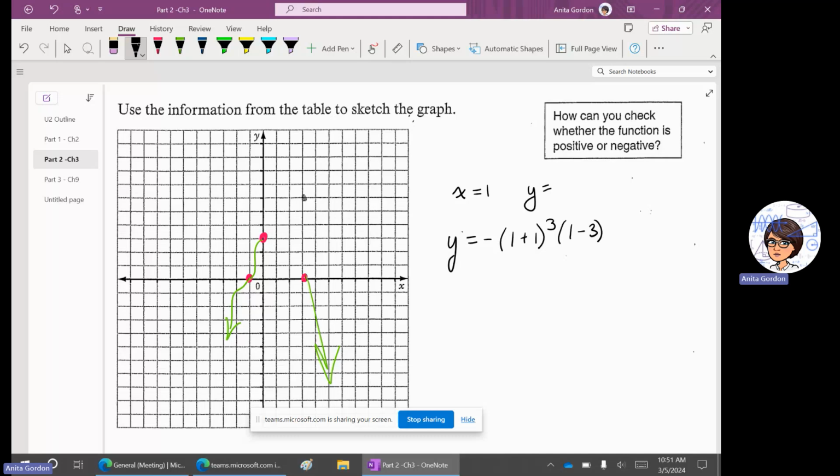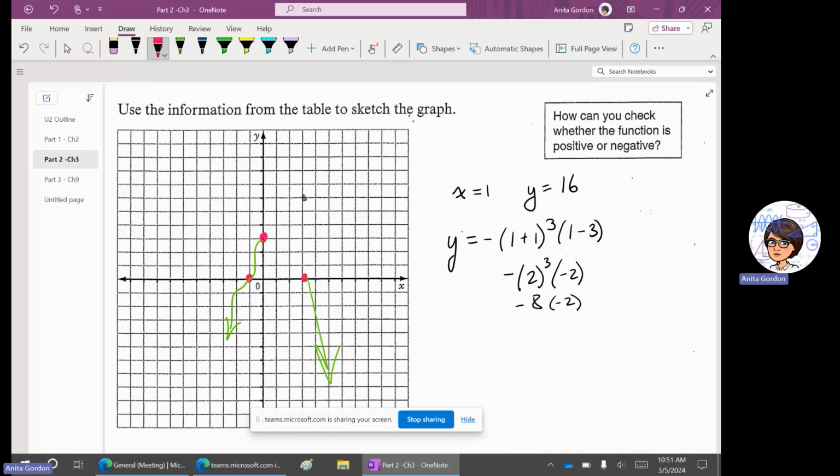Oh, I didn't even need my calculator here. This is going to be -8 times -2, sorry, this gives me -8 times -2. This is going to give me +16.